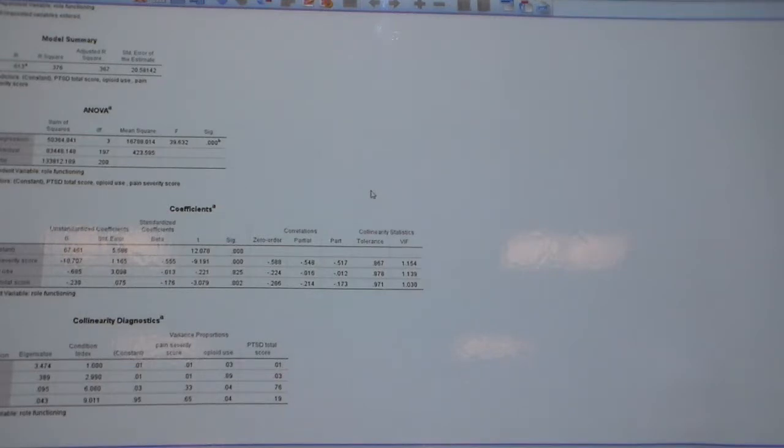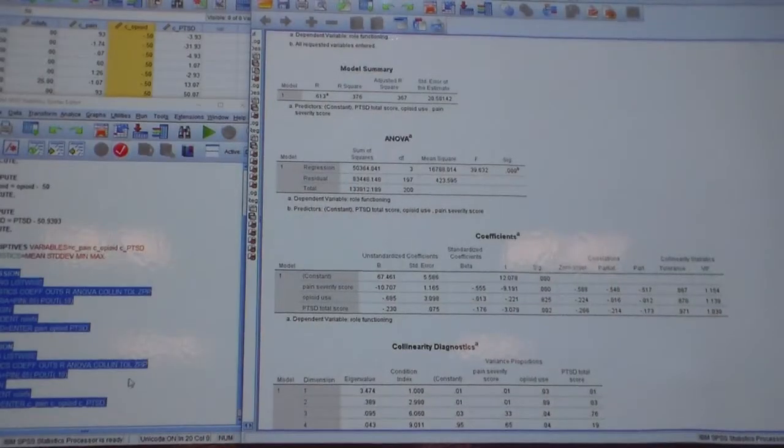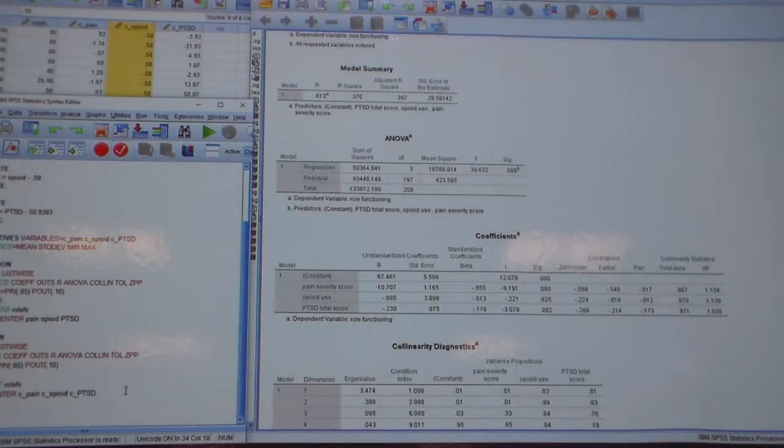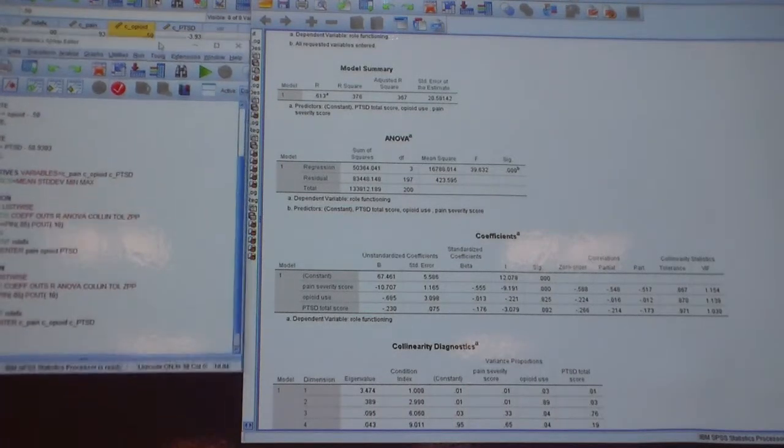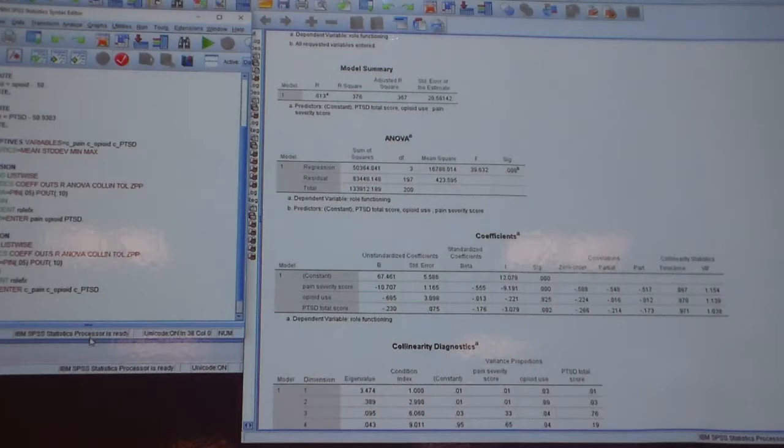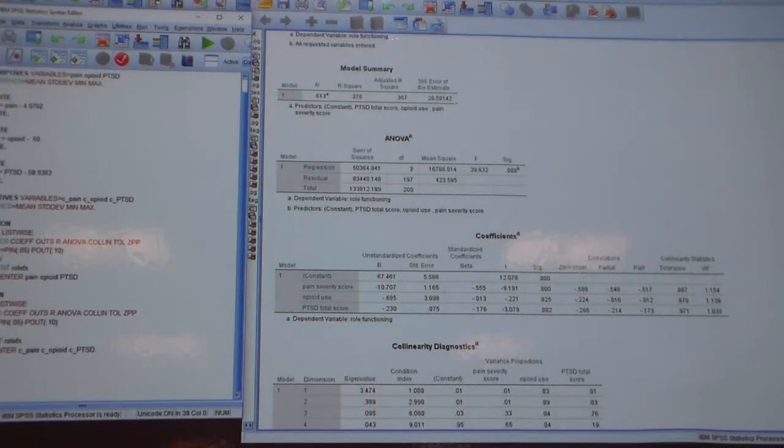Okay. So what we're going to do now, though, because we're bored with our additive models, and we want to run a moderation model.